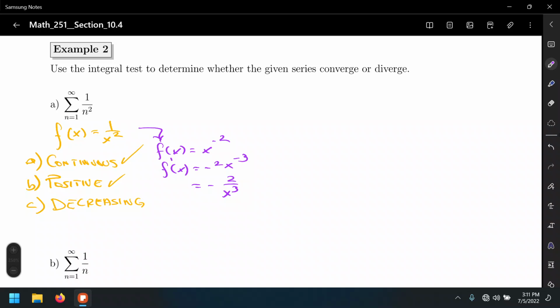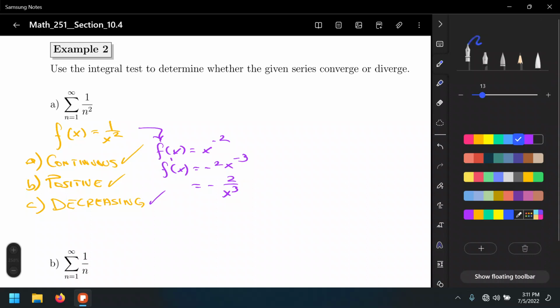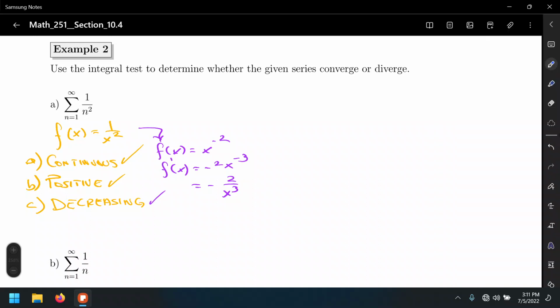But otherwise, if the derivative is negative, that means that at a given point or an interval, that function will be decreasing, or we will have negative slope. So in this case it is decreasing. All right, so we're good. The three conditions are met. So we may go ahead and use the integral test.